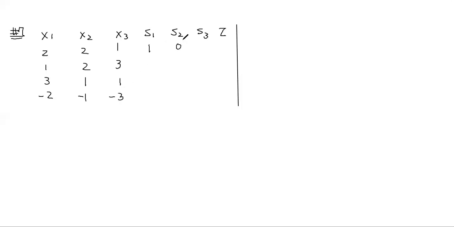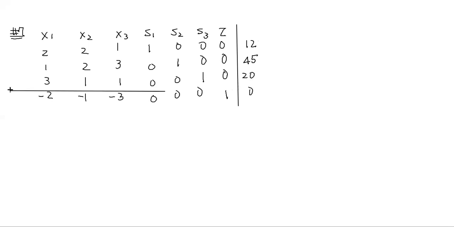This is 1, 0, 0, 0, 1, 0, 0, 0, 1. Then here is 0, 0, 0. Then z is 0, 0, 0, 1. Then here is 12, 45, 20, and 0. I don't know if you guys still remember or not.